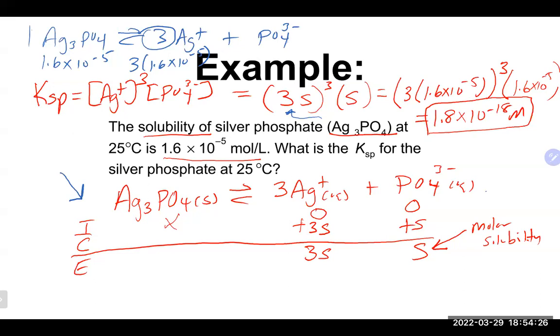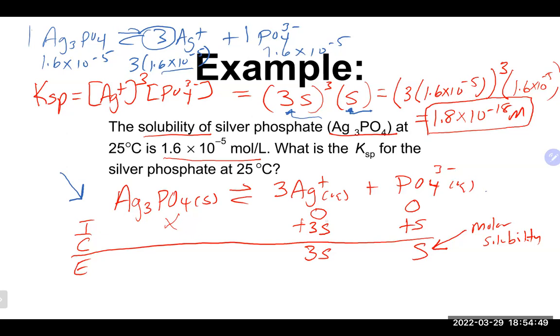When we look at silver phosphate to phosphate, it is a 1-to-1 relationship, which means the concentration of this ion is 1.6 times 10 to the minus 5, which is also what the ice table did for you if you really don't understand how molarity breaks apart. If you do, you could just take these numbers and go right into your Ksp expression and be done with it without having to do the ice table.